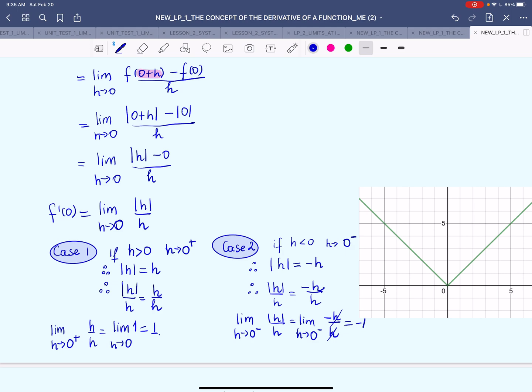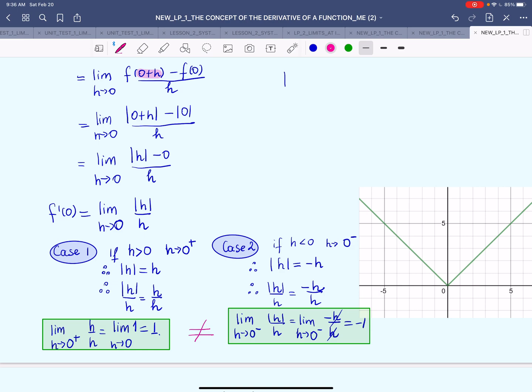negative 1. So we just found that the right-hand side limit is 1. The left-hand side limit is negative 1. So the limits from the left and the right don't agree with each other. One is giving one value, one is giving the opposite value: 1, negative 1.